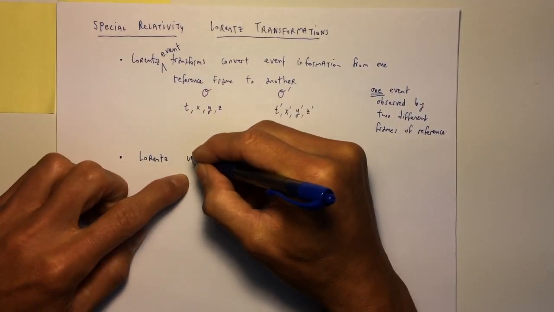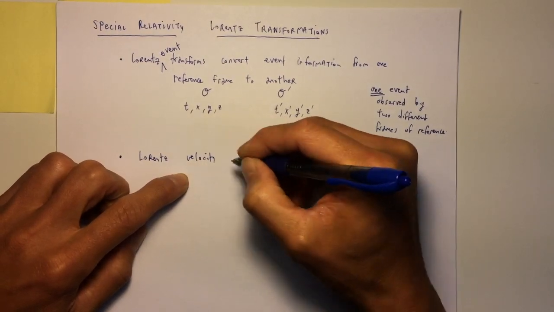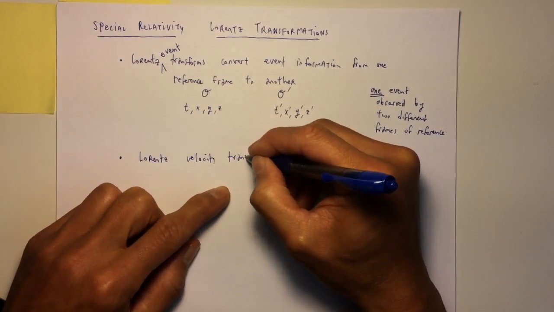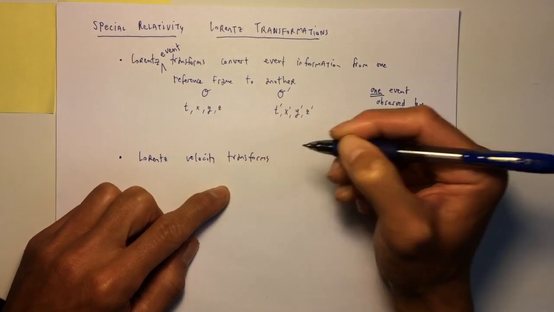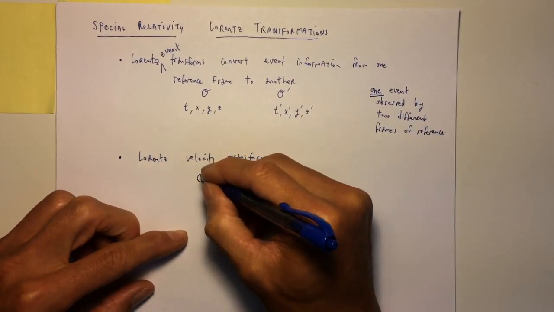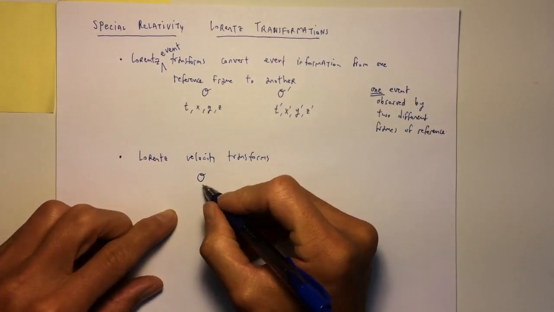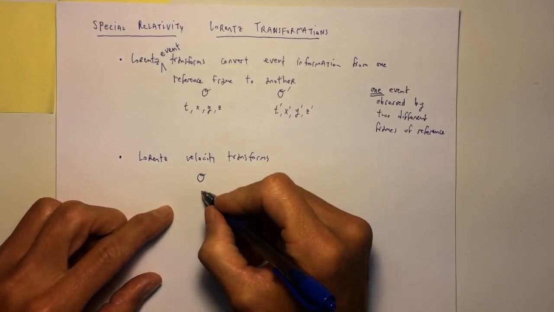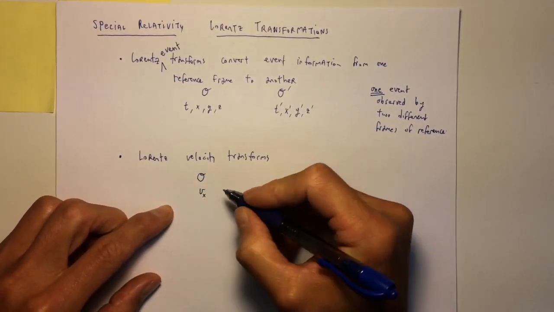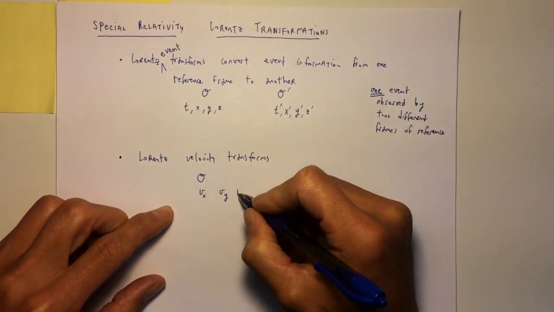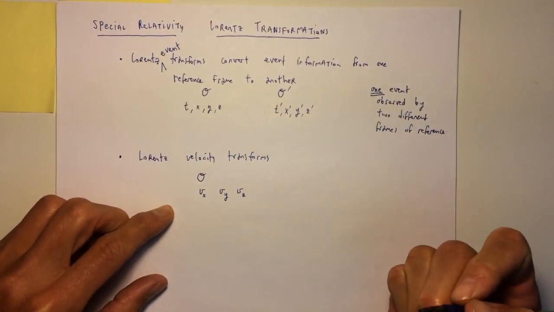Lorentz velocity transforms. So O will measure components of a velocity vector. They'll measure the x component, the y component, and the z component.